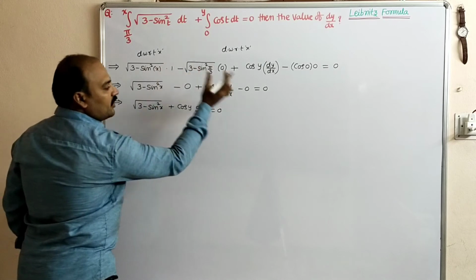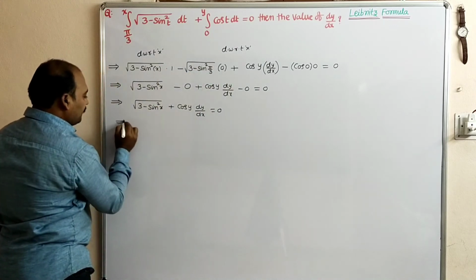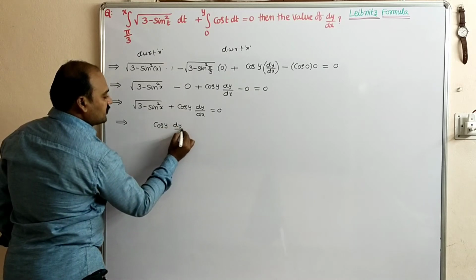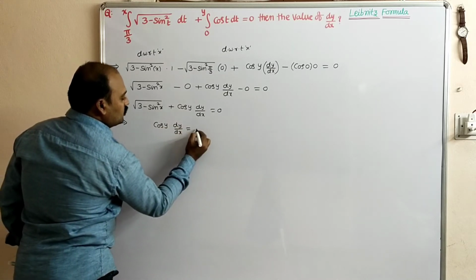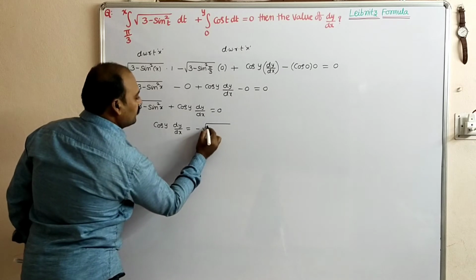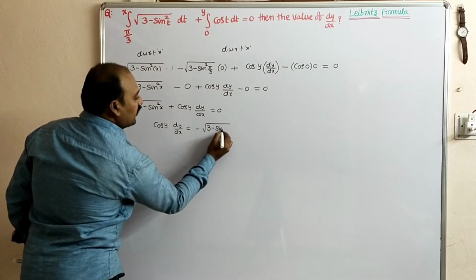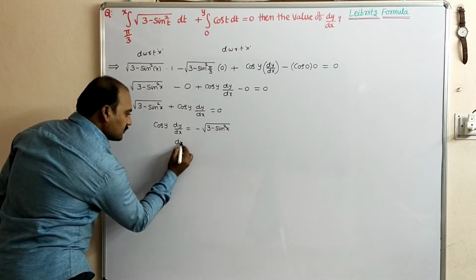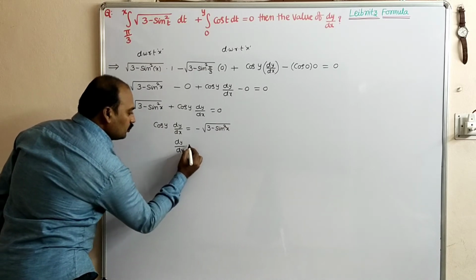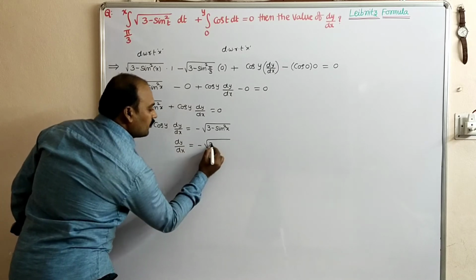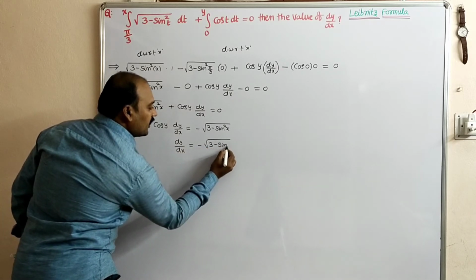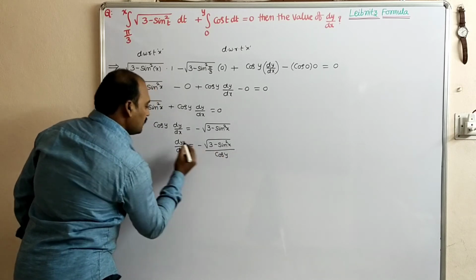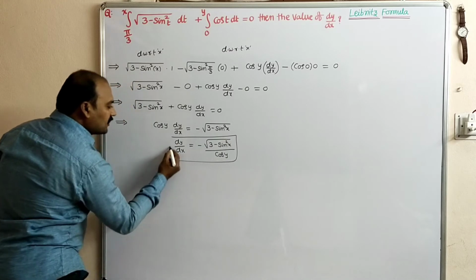This value completely we are taking to the other side. We will get cos y into dy by dx is equal to minus of square root of 3 minus sine square x. So dy by dx is equal to minus square root of 3 minus sine square x whole divided by cos y. This is the value of dy by dx.